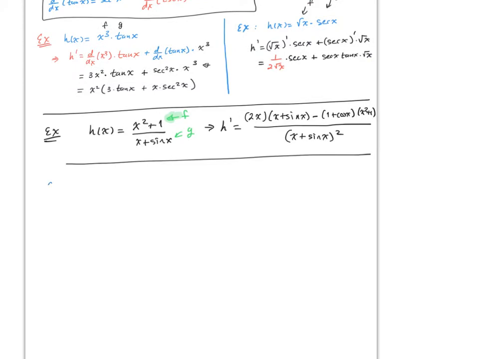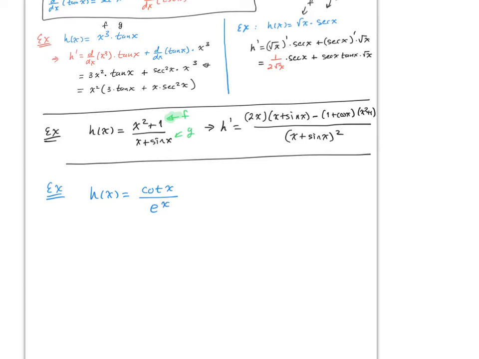All right, let's try a few more. Let's do one that is actually a little easier to handle. Let's say that this one was cotangent x divided by e to the x.